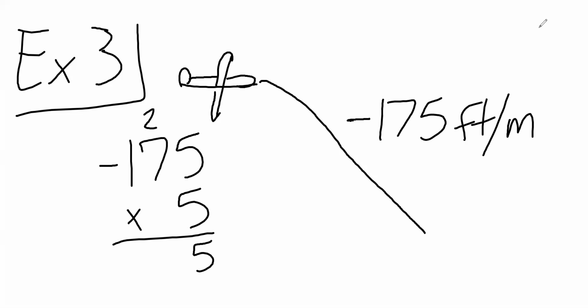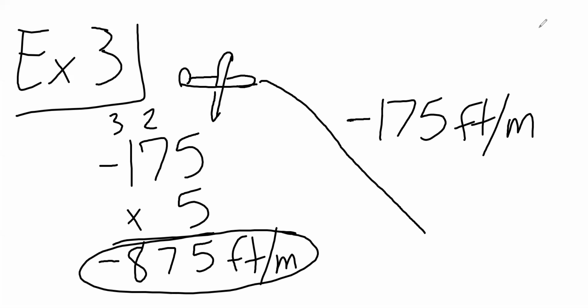Carry my 2. 5 times 7 is 35, plus 2 is 37. Then 5 times 1 is 5, plus 3 is 8. Bring down my negative sign because of -175, the descent. So we have gone down -875 feet. That's my answer there.